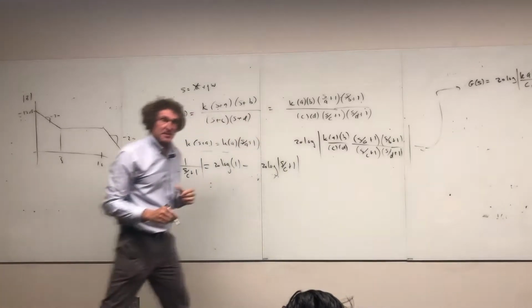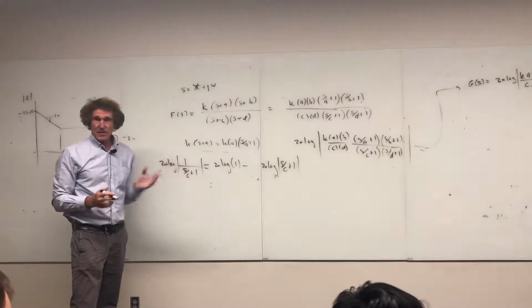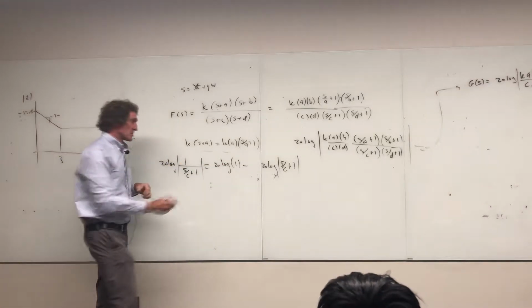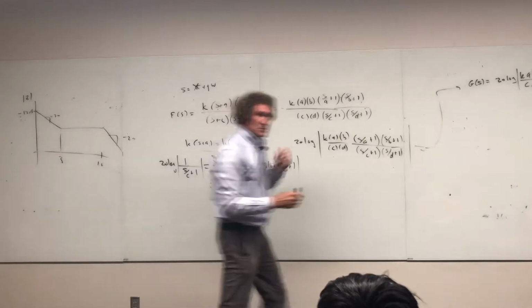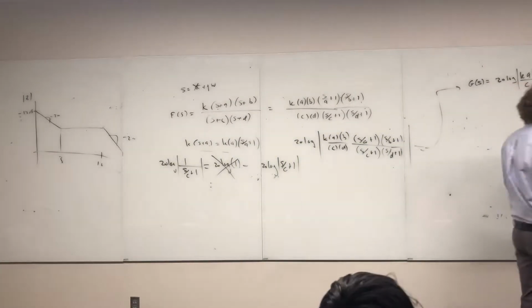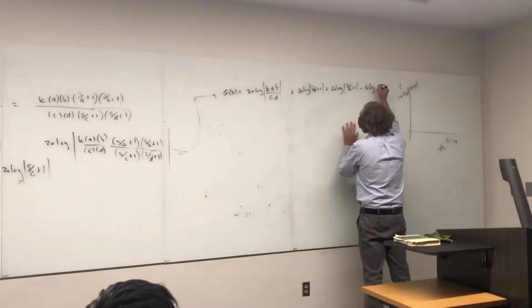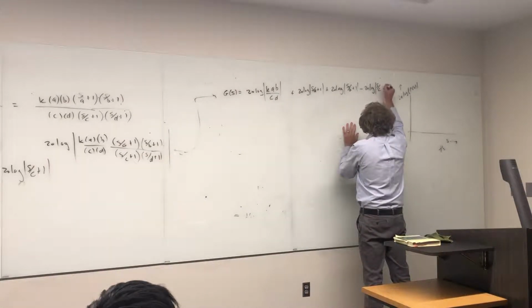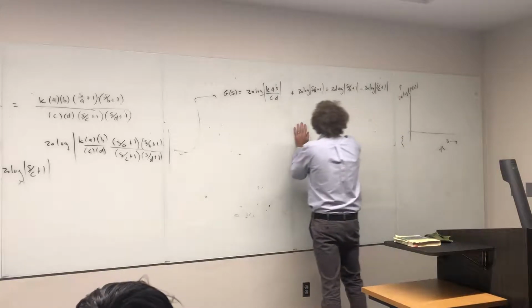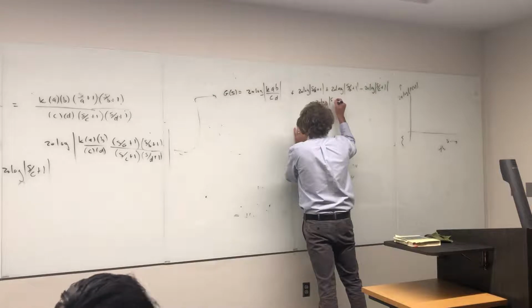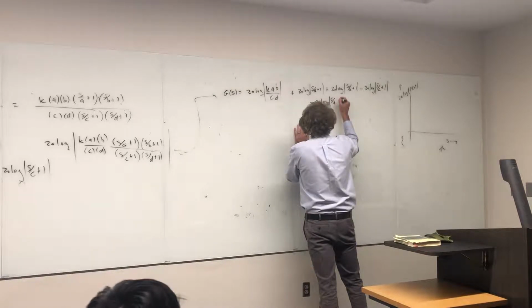Do y'all follow me on this, class? It's minus that, right? Well, what is the log of 1? 0. So we just ignore that. That's what I'm doing over here. I'll get questioned about this usually. So it's minus 20 times the log of magnitude of S over C plus 1, and then minus 20 times the log of magnitude of S over D plus 1.